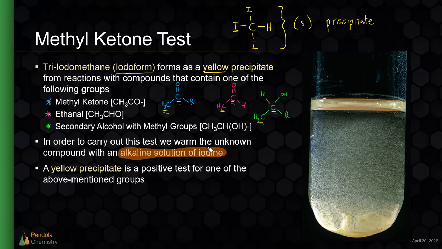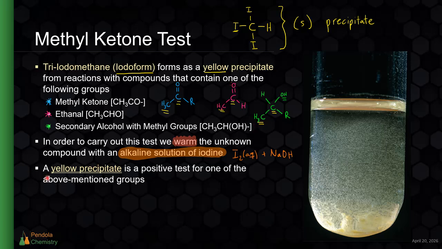So it's I2 aqueous in some kind of base that we're reacting this with. So I2 aqueous plus something like NaOH or a base. We're going to warm our unknown with this solution in order to carry out this test. So warming is one of the necessary conditions here.